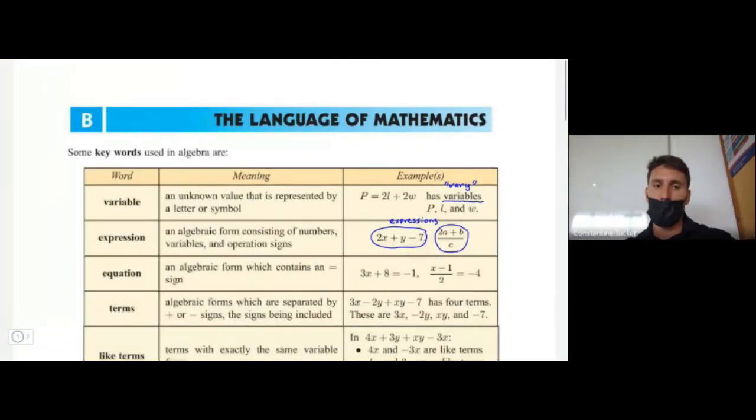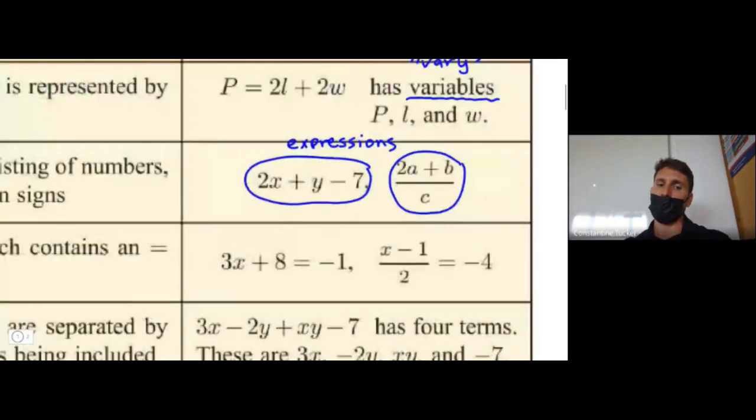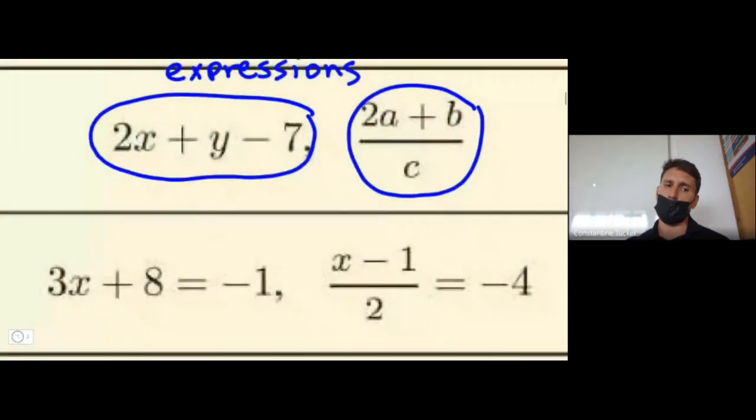Then moving on to another notion, which is the notion of equation. Here, if you look at it, we have an expression on the left, a number on the right. The most important bit here, though, is this equal.